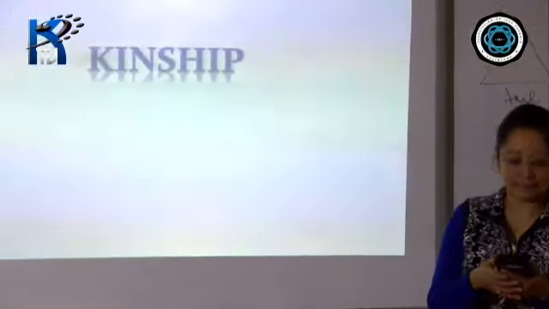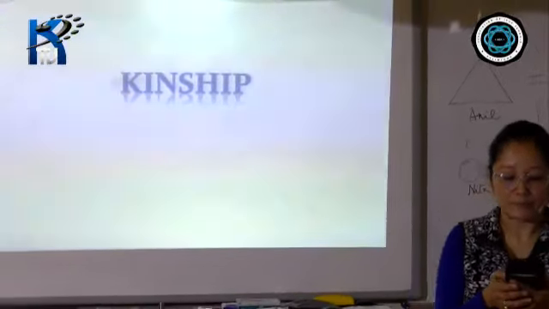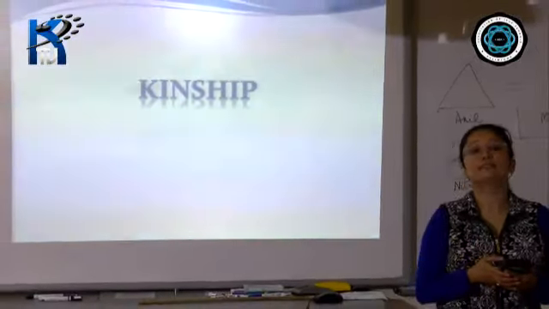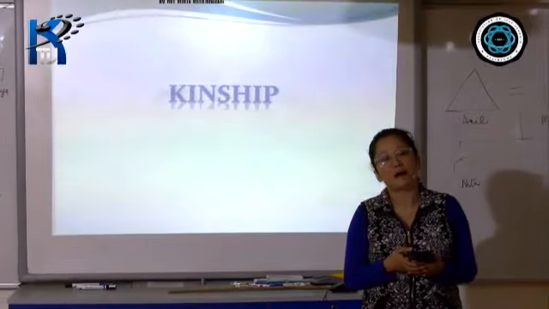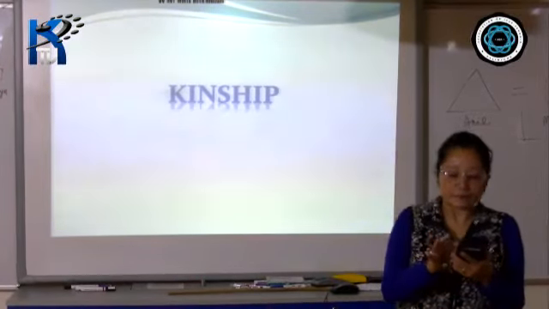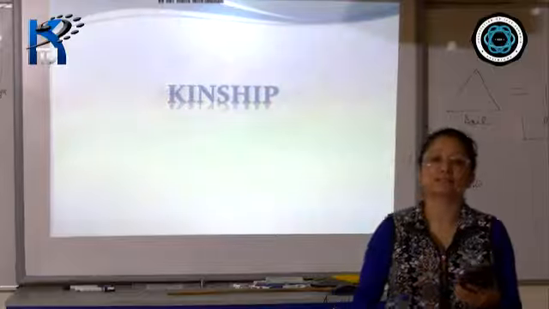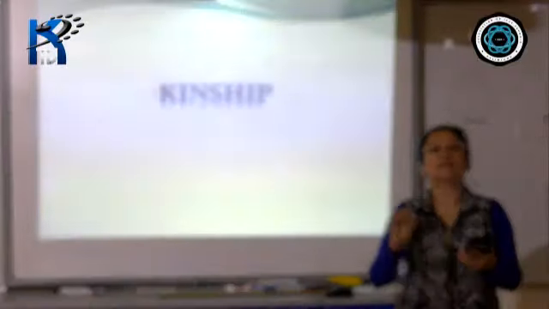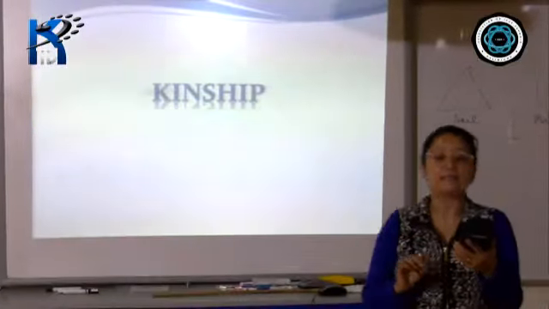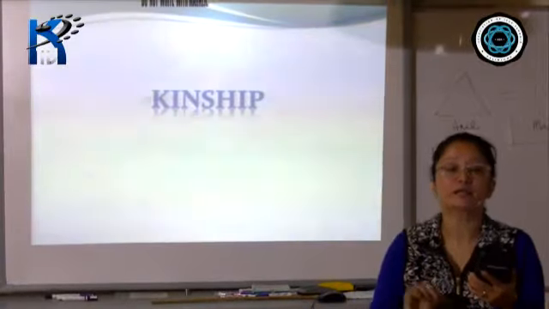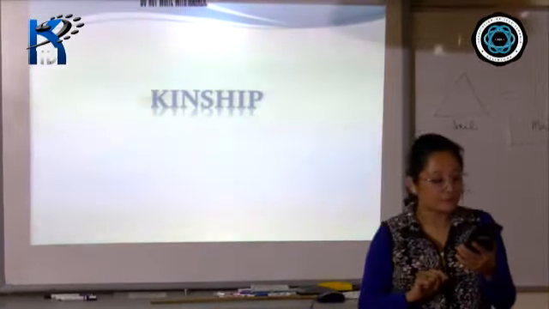And before I deal with the Kinship chapter, let me quickly read out to you the syllabus as has been framed by the Council. If you just look at the kinship structure, it says you just need to learn the meaning of kinship, the types of kinship, consanguineal as well as affinal.